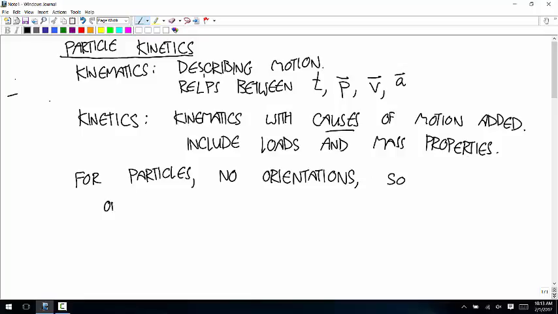So the only loads or forces, and no couples. The only mass property we care about is the mass itself.